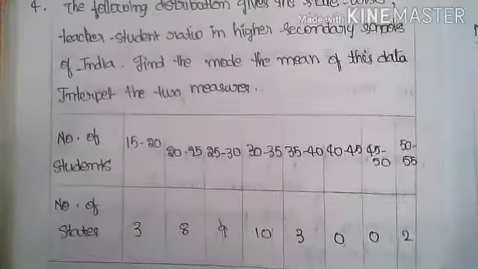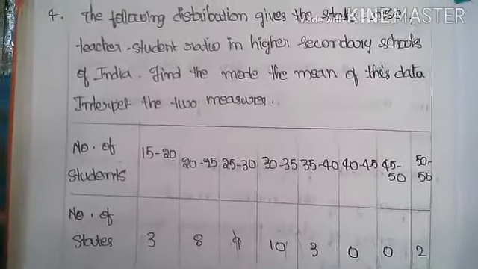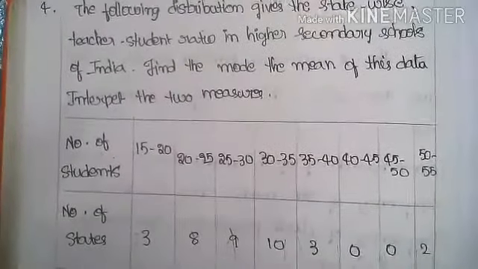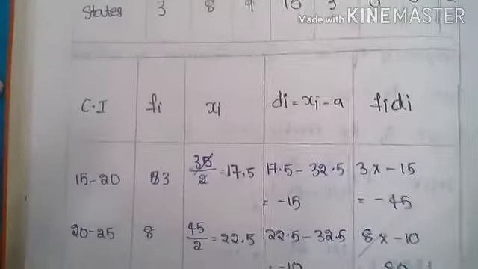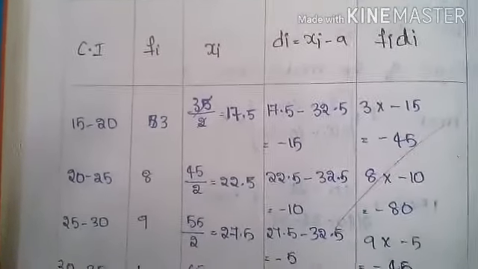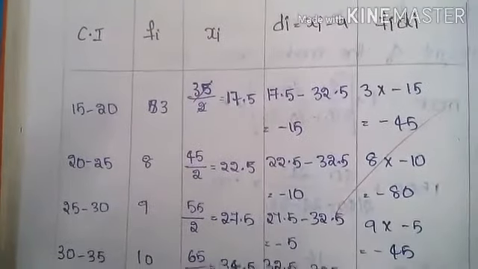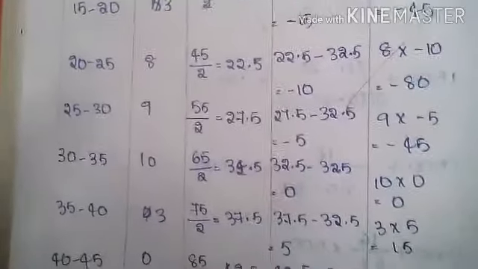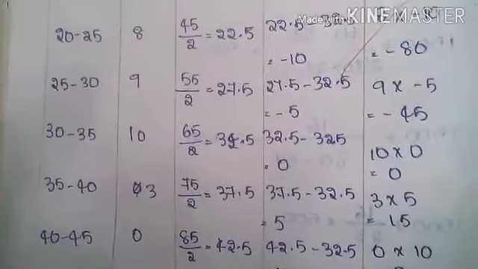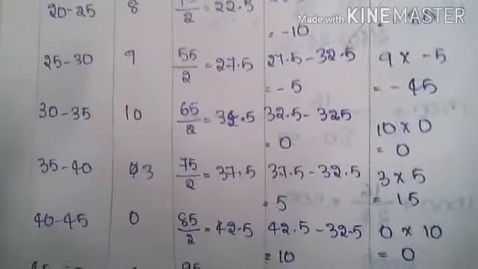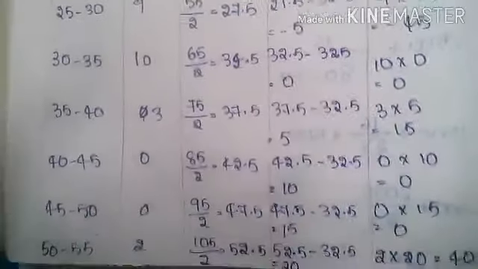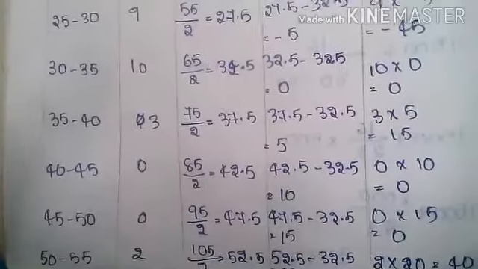So the fourth question is also the same model which we discussed in the previous question. We can take any method of mean, either the direct mean, step deviation or assumed mean method.